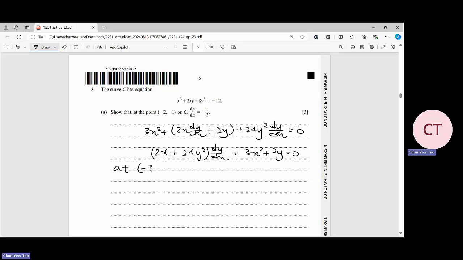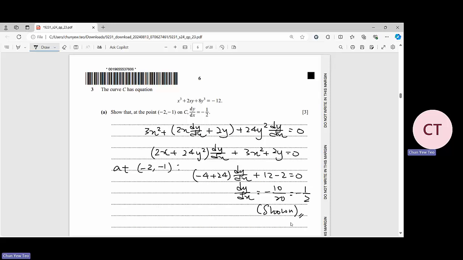So at the point (-2, -1), you have -4 plus the 24 dy/dx plus the 12 minus the 2 equal to 0. So your dy/dx equals to -10 over 20, equal to -1/2, shown.